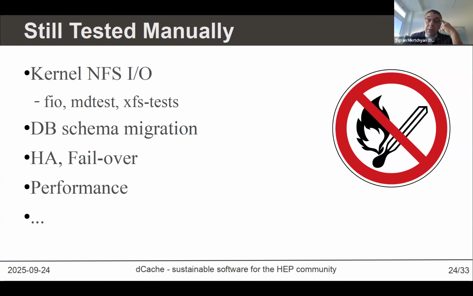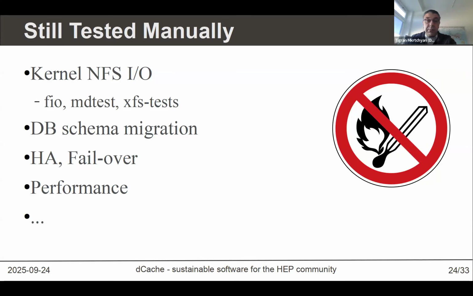Unfortunately, not all tests are automated yet. There are some test cases that we test manually. For example, NFS kernel client compatibility is tested manually because we have to manually build an upstream kernel and check that it's still compatible with what we have. Performance testing is done manually because it requires real hardware.